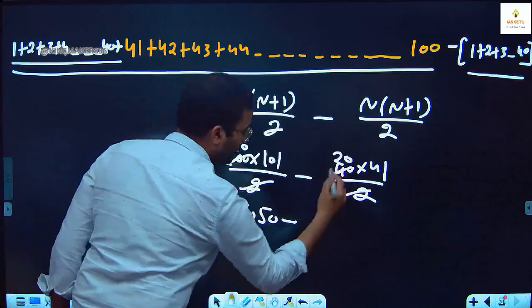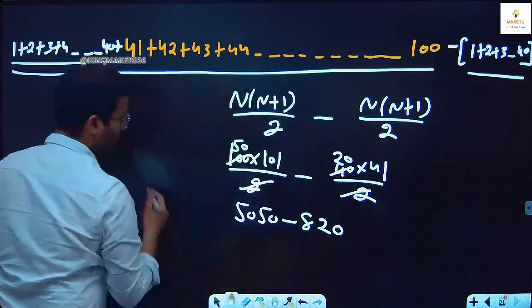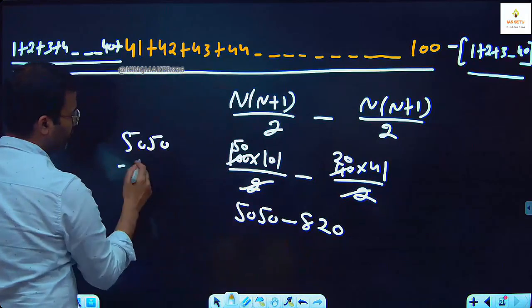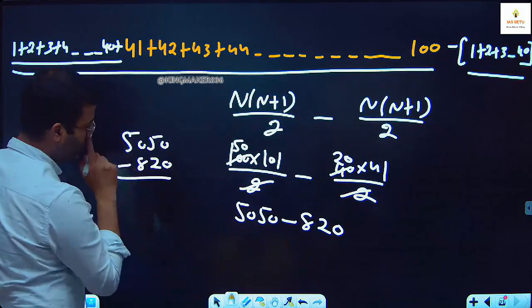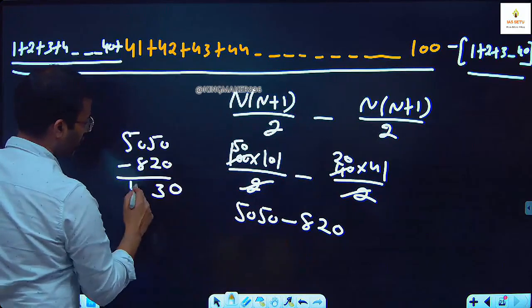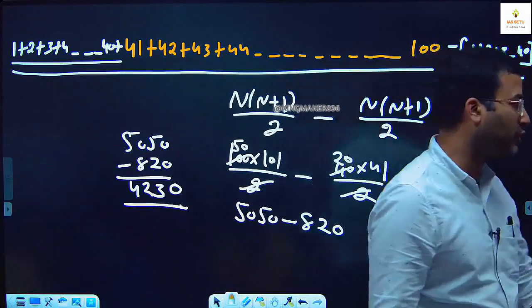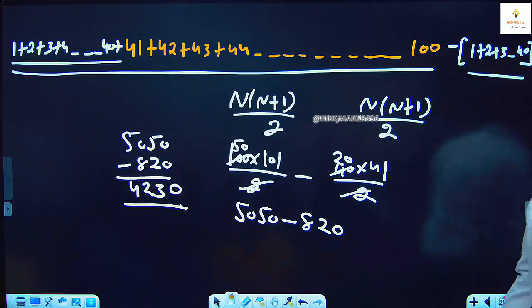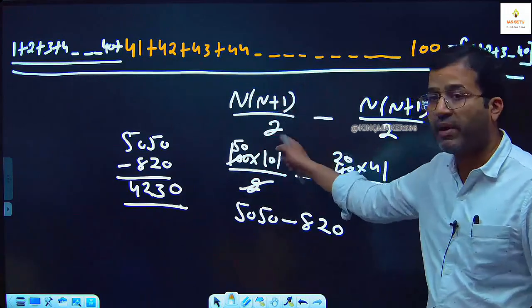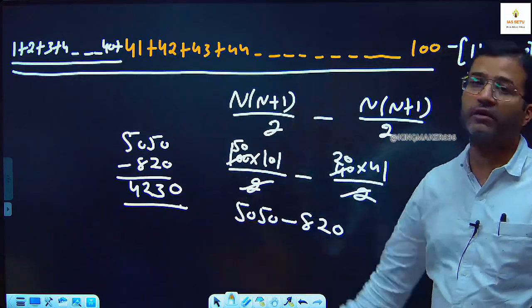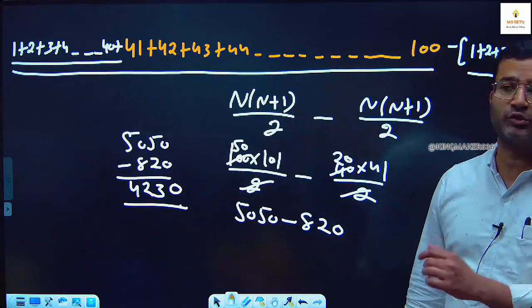This is 20, it is 820. So 5050 minus 820, so it is 4230. So the correct answer is 4230, because you can apply this formula only if your series starts from 1, for the first n natural numbers.